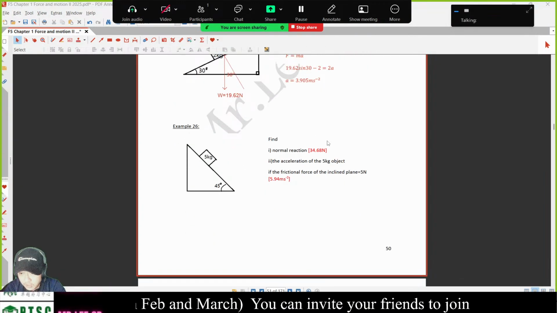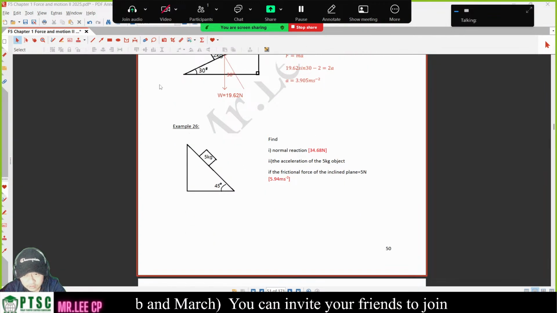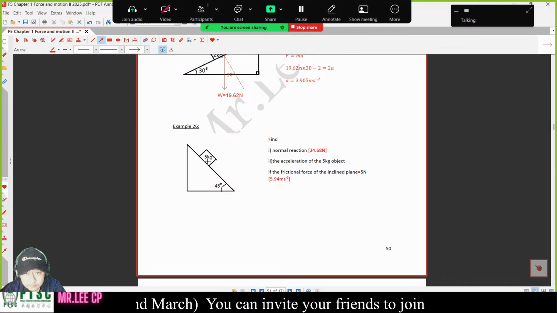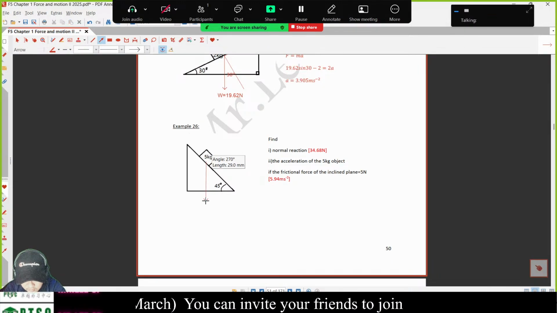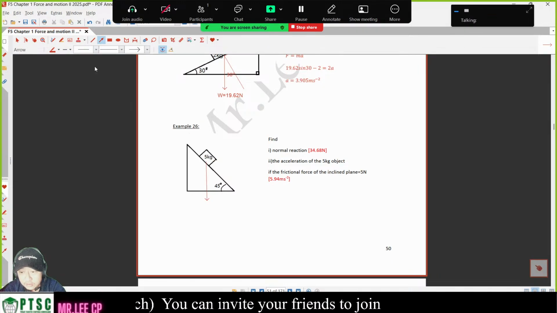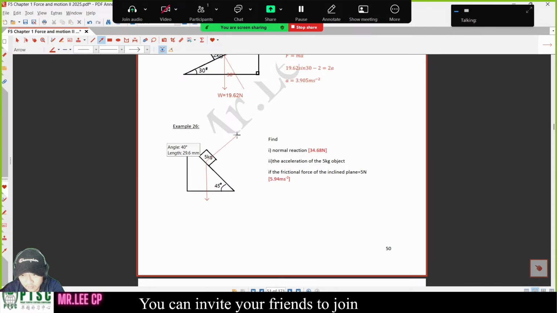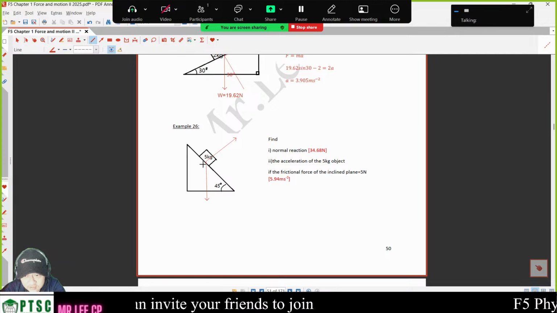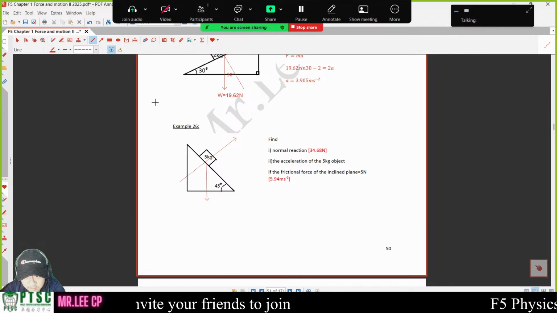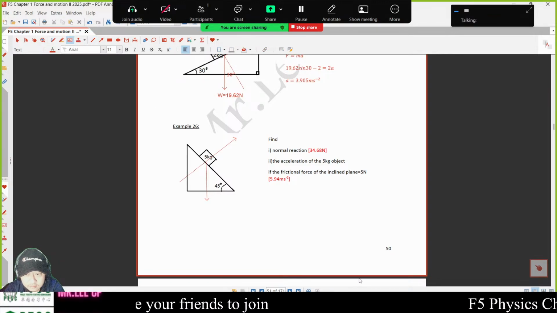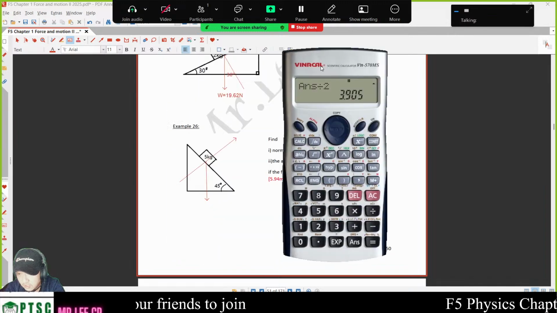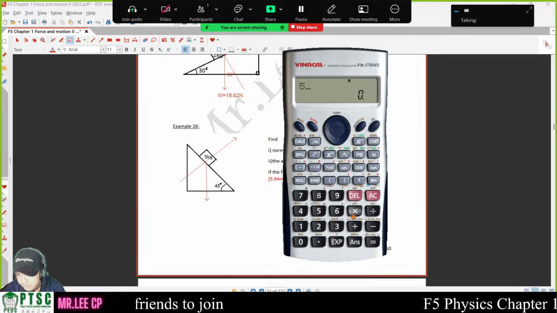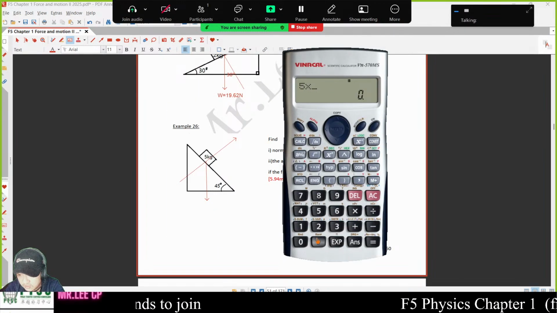Okay, I hope you're okay. Now we continue from here. This is the weight, 5 kg. This is a reaction. And then this is the anchor that I want to label later. Now 5 kg is 5 times 9.81, it is 49.05.